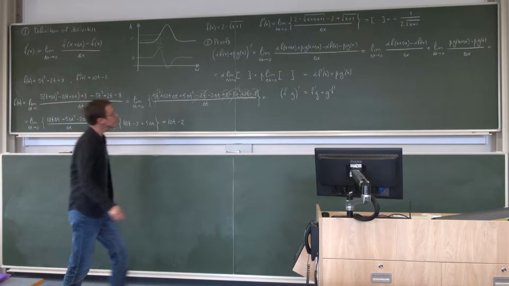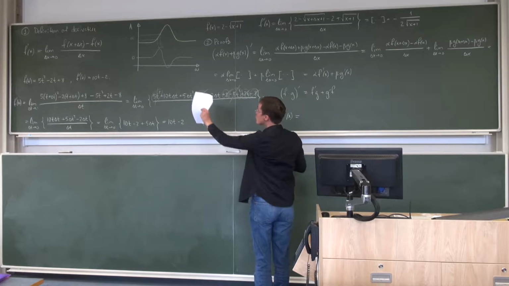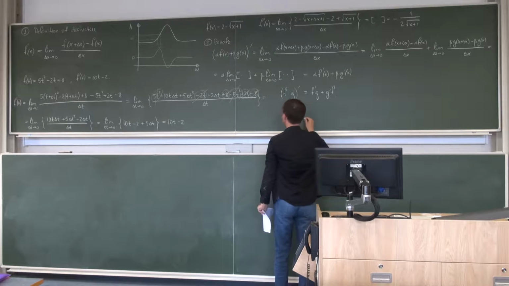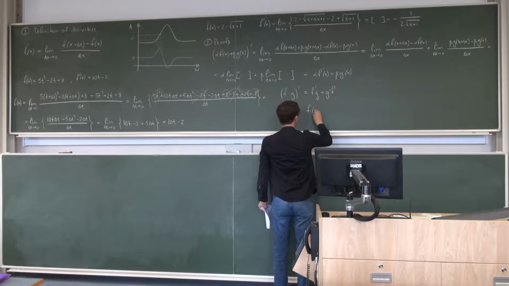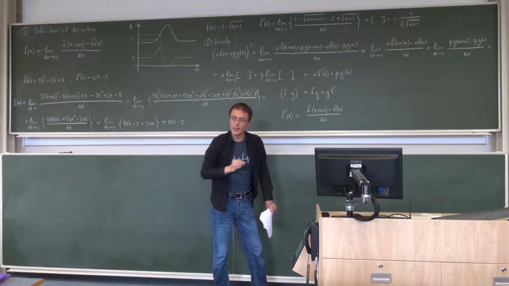So we could say that f prime of x would be equal to the expression without a limit, f of x plus delta x minus f of x divided by delta x, approximately.